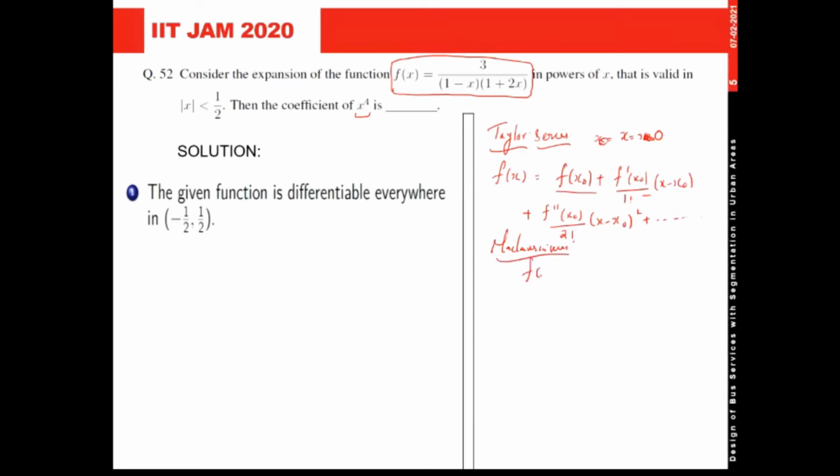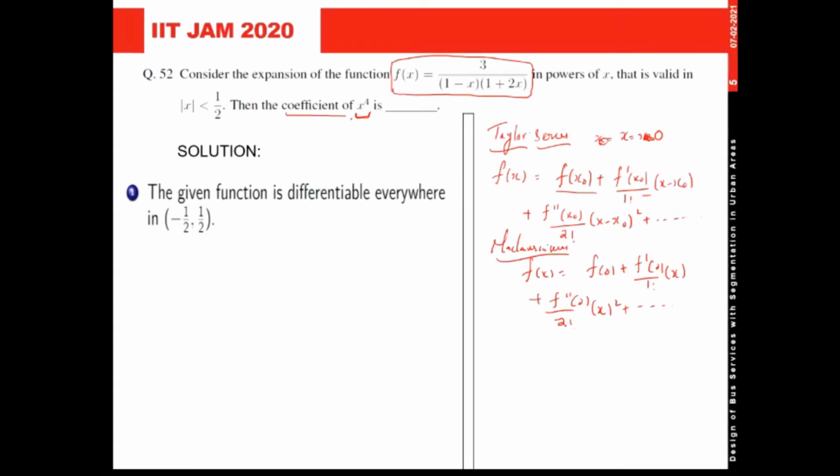So we want to find f of 0 plus f dash of 0 by 1 factorial x plus f double dash of 0 by 2 factorial x square plus etc. If you want the coefficient of the fourth power in this expansion, it works because the Taylor series expansion of a function is unique.